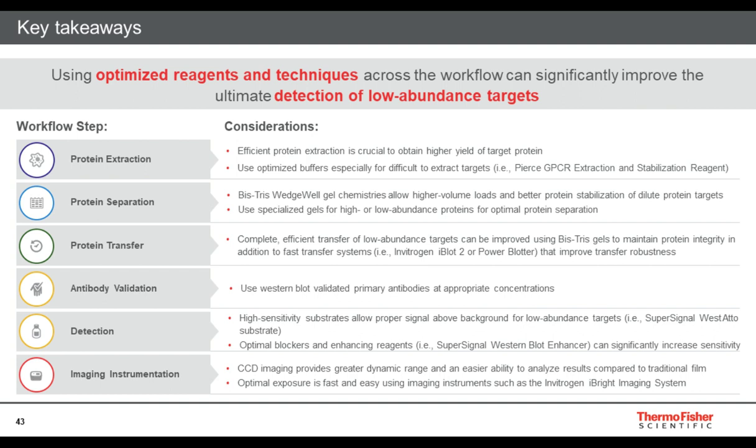These considerations include efficient protein extraction and optimized target-specific reagents, use of gel chemistries that improve protein separation and preserve protein integrity, complete and efficient transfers through the use of optimized gels and transfer methods, ensuring the use of validated antibodies specific for Western blotting, incorporating high sensitivity detection reagents such as SuperSignal West Atto and SuperSignal Western Blot Enhancer, and the use of CCD imaging systems for improved dynamic range and image exposure.